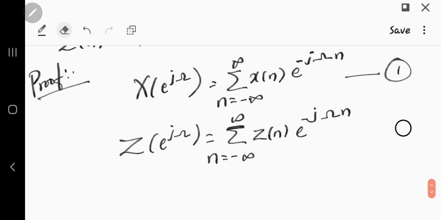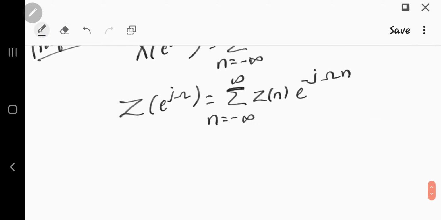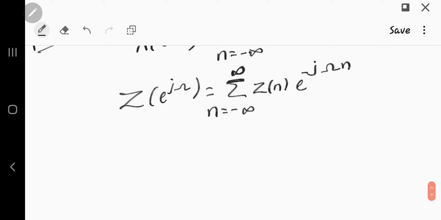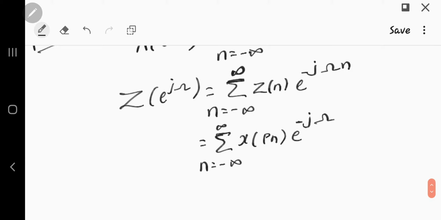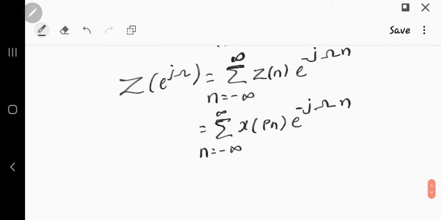No need to call this equation 2 here. Now substitute z of n here, n from minus infinity to plus infinity. What is z of n? Z of n is x of pn, so x of pn e power minus j omega n here.